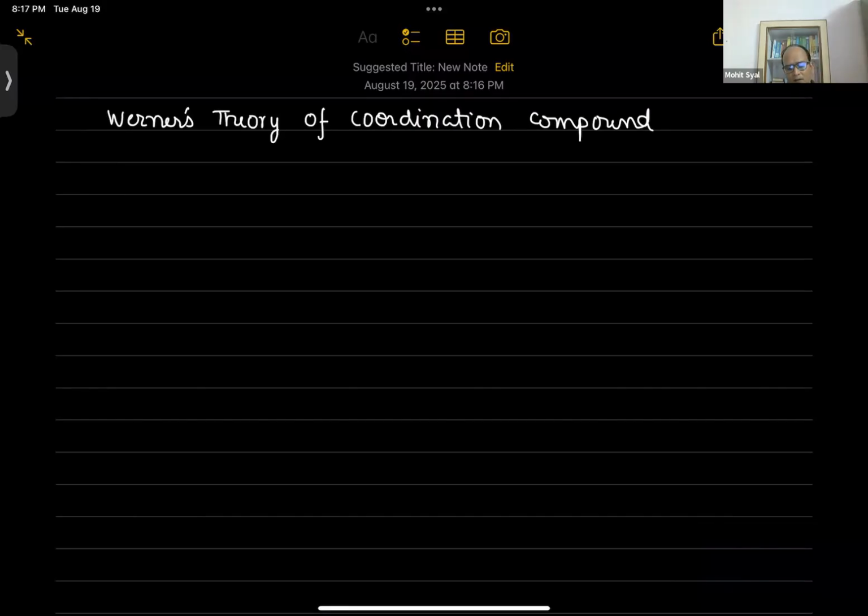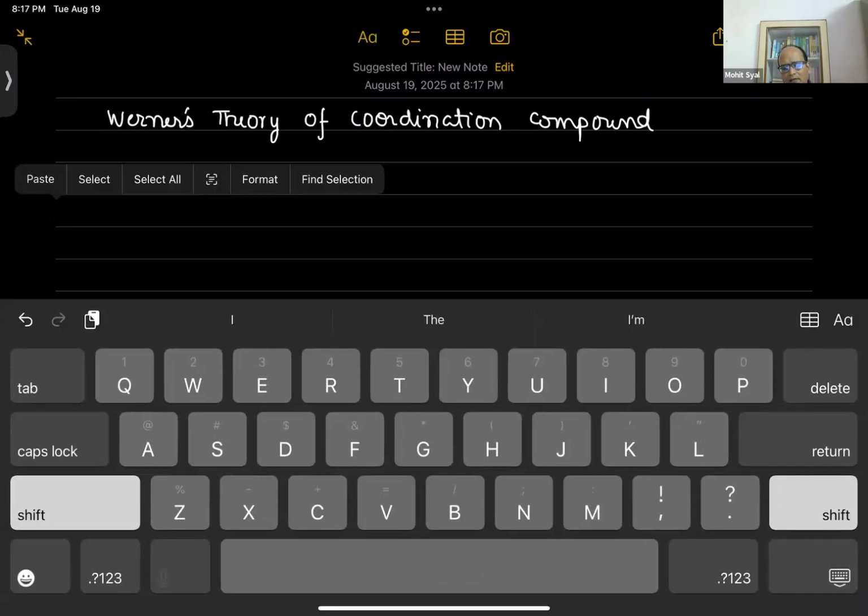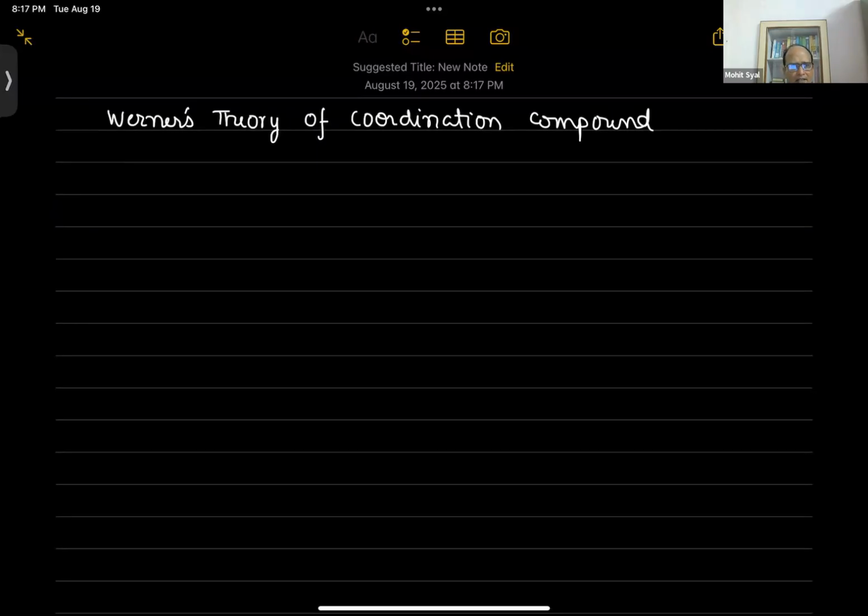And he saw the formation of different types of complexes between them. And by studying those different complexes, he came to certain conclusions, and those conclusions come under the heading of Werner's theory of coordination compounds. Basically, it is trying to explain how the bonding is taking place in coordination compounds. So let's proceed.